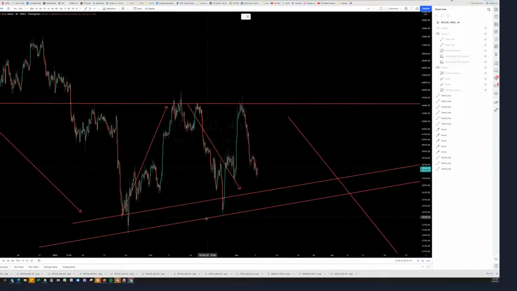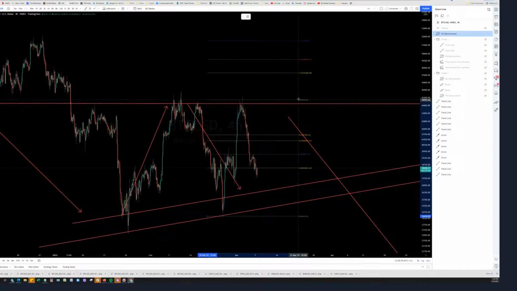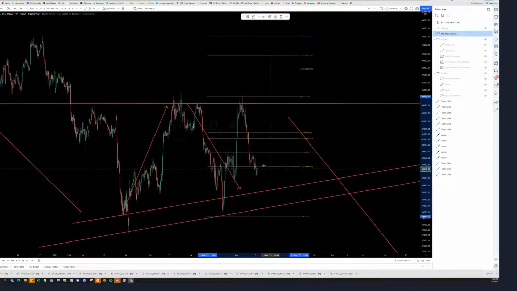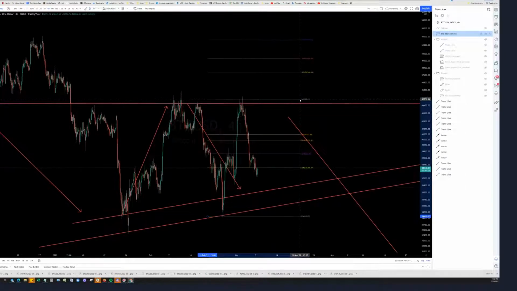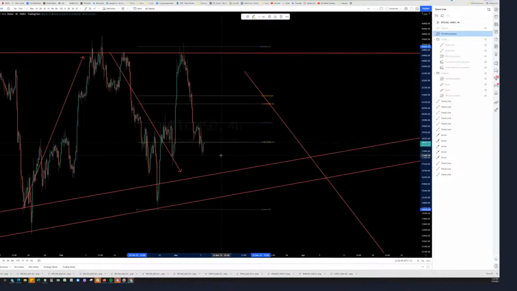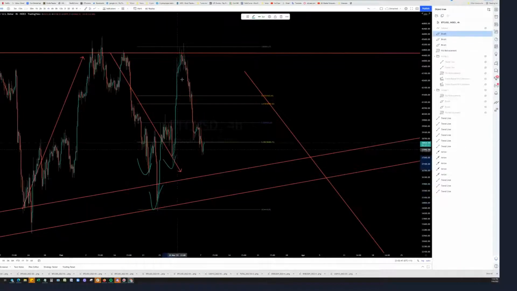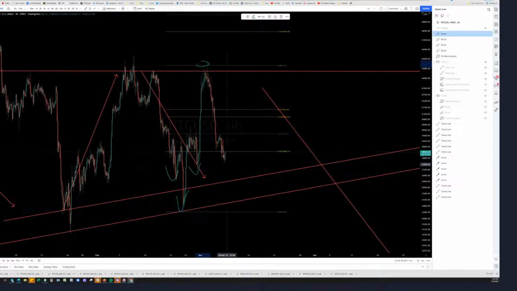So if we apply our Fibonacci to it, okay, that looks pretty bearish at the moment. This was an inverted head and shoulders, and we reached our target there. Now we're back here. There's no way of finding, yeah, so it's an undecided market, it's going to be very hard to trade.